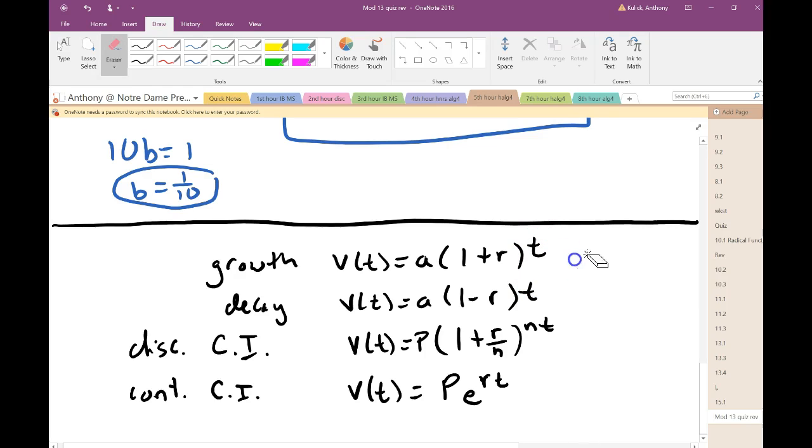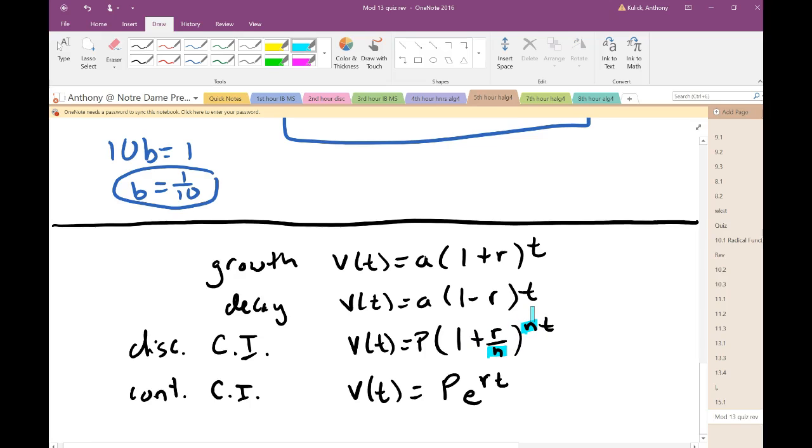If I look at the discrete and continuous formulas, the value for R is the interest rate written as a decimal. So again, make sure that for those R's, you're converting those interest rates from a percentage.